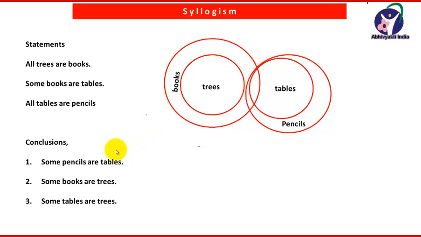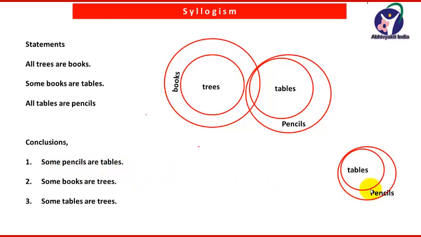Now see the first conclusion. Some pencils are tables. Now here tables is inside the pencil. I separate these two circles here. Tables circle is inside the circle of the pencils, and the conclusion is that some pencils are tables.